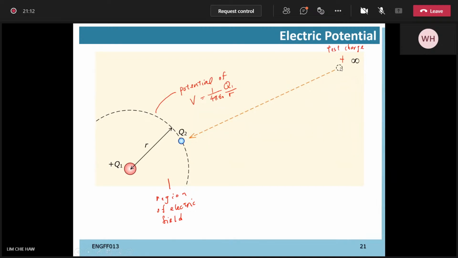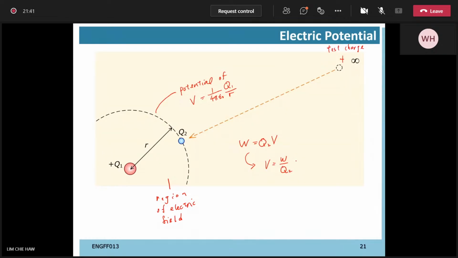So if you want to bring Q2 to this location at distance R from Q1, you need to do work. So what will be the work? The work will be W equals Q2V. Maybe you can't see what is going on here. If you rearrange this equation, you get V equals W over Q2.